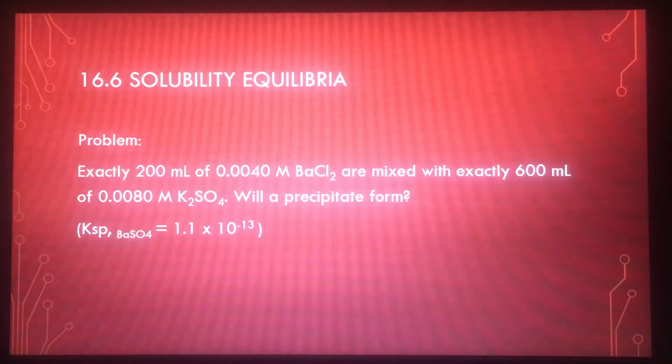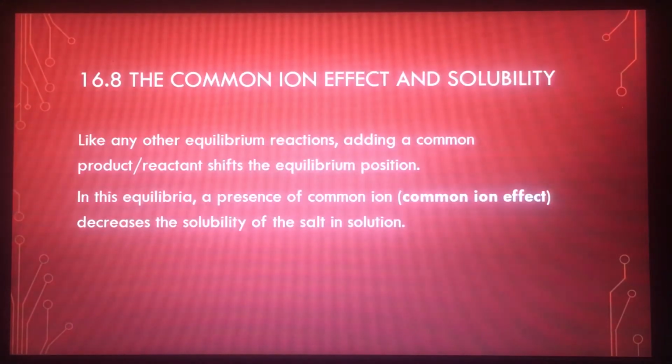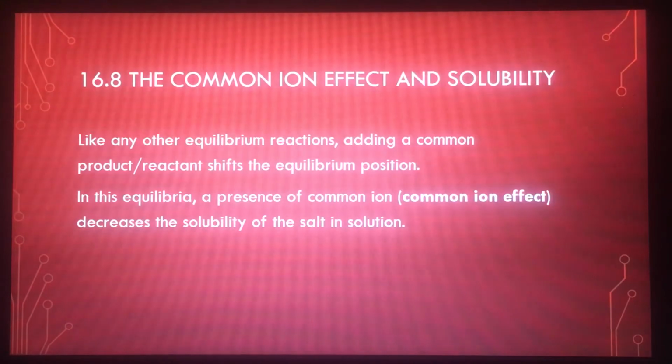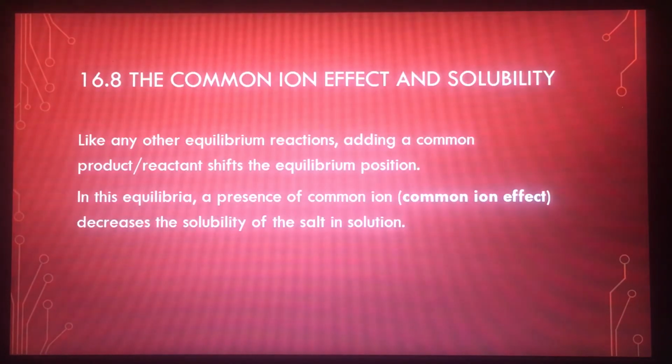So we move on, or we skip a topic, 16.7. We proceed first with 16.8, the common ion effect and solubility. Like any other equilibrium reaction, there are factors affecting equilibrium, such as the concentration. Here it's like adding product in the equilibrium reaction.